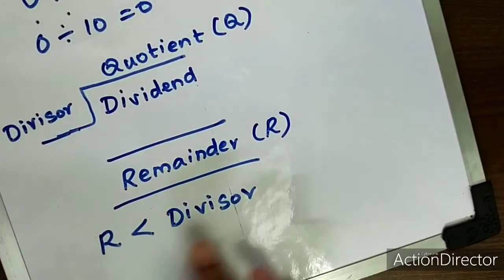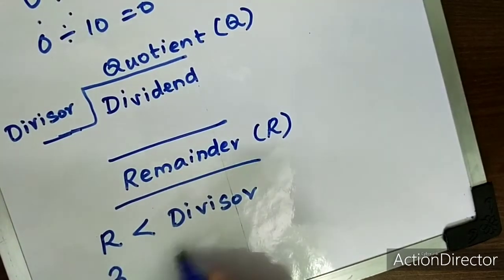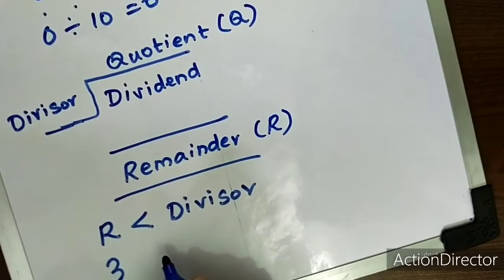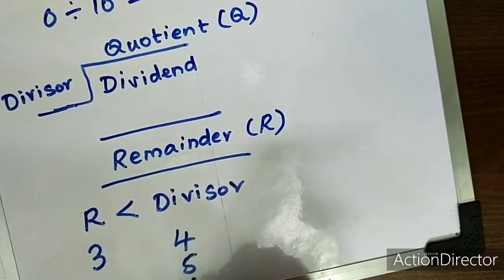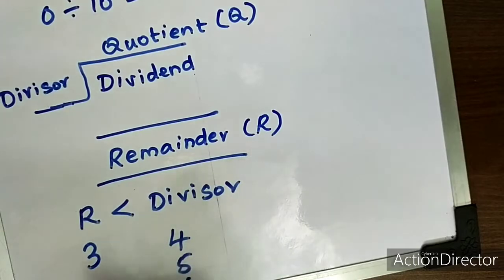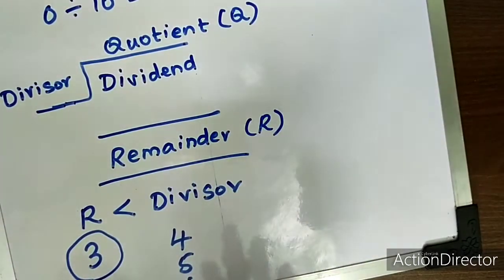If the remainder is 3, the divisor can be a number greater than 3. It may be 4 or 5 or 6 or any other number, but it should not be less than 3. The remainder should be less and the divisor should be greater. This you have to remember.